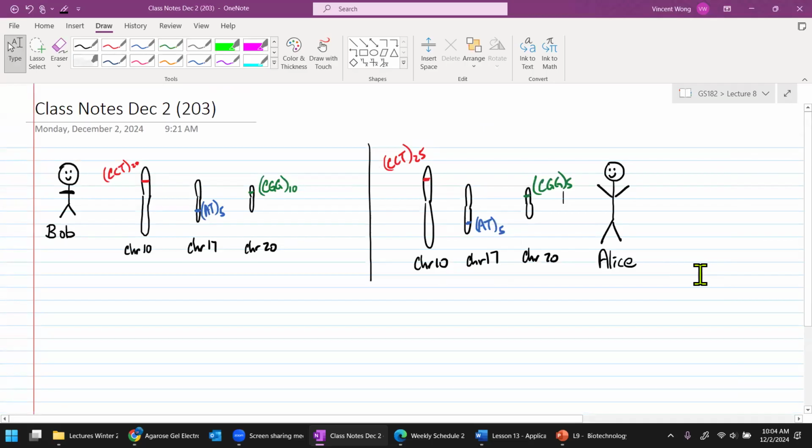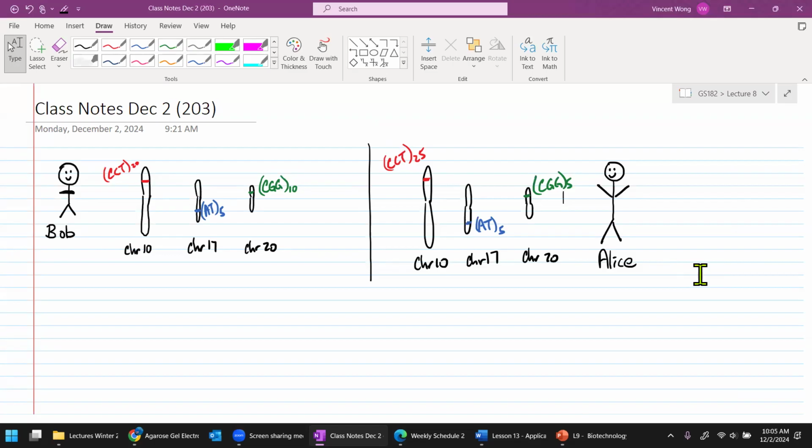Now, remember, because of the Human Genome Project, we know the exact location of all these STRs in the genome, which means if I take a DNA sample from Bob, like just do a cheek swab or something like that, we can design primers that would specifically clone the STR. So I would find a primer that is before and after the STR, and then it will copy everything in between.